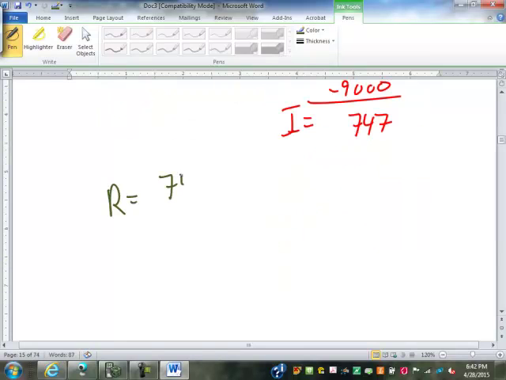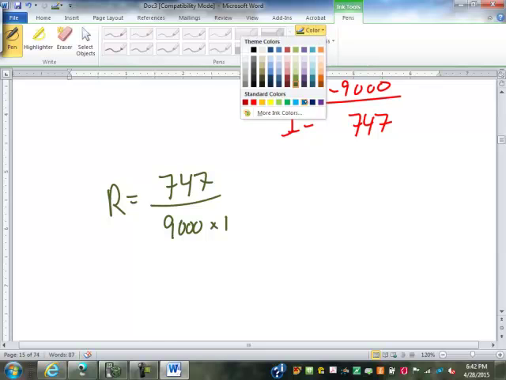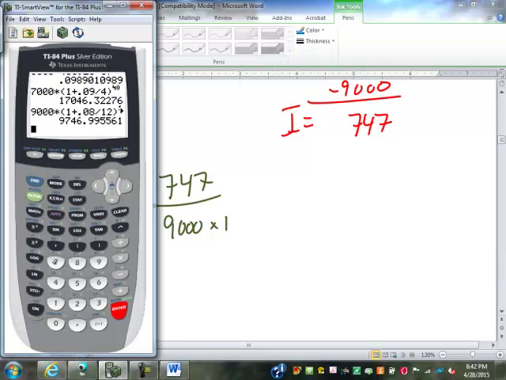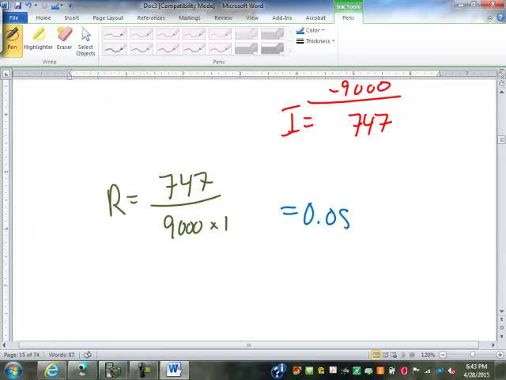R equals that interest of 747 over the principal of 9,000 times 1. So what we're going to put in our calculator: 747 divided by, parentheses, 9,000 times 1, close parentheses, equals 0.083. So that's 8.3%.